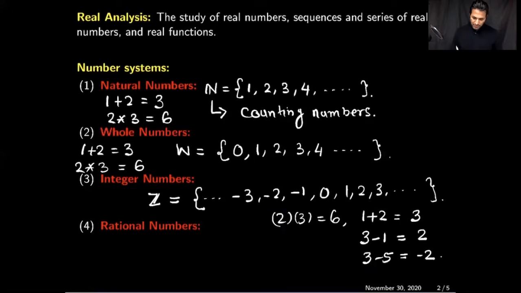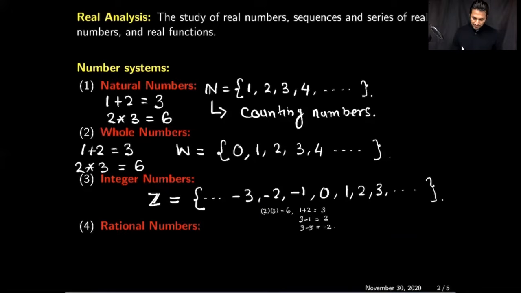Now we will discuss one of the most important number systems, which is the rational number system. It was introduced to solve problems when we are dividing objects.